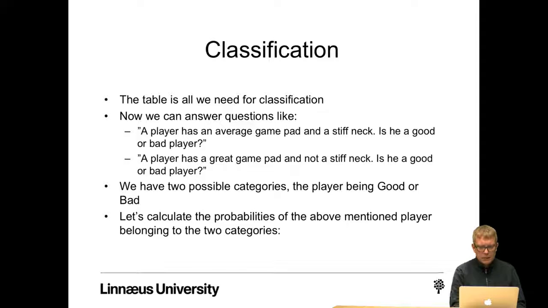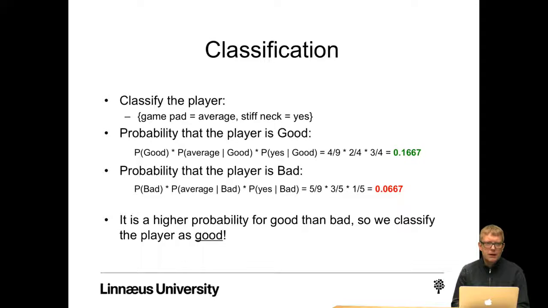So let's calculate the probabilities of the above mentioned player belonging to the 2 categories. So we want to classify the example of a player having an average gamepad and a stiff neck. The probability that the player belongs to the good category is the probability of being good multiplied by the probability of having an average gamepad given good player skill, and the probability of having a stiff neck given good player skill.